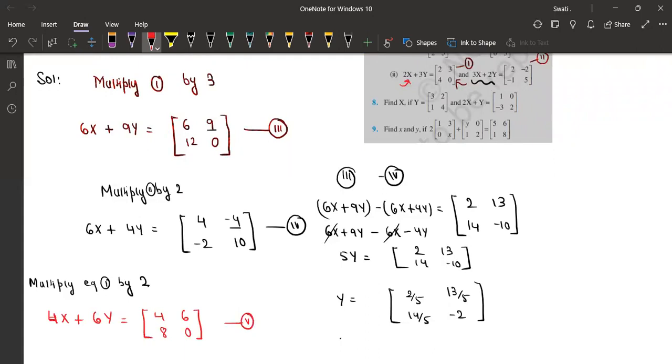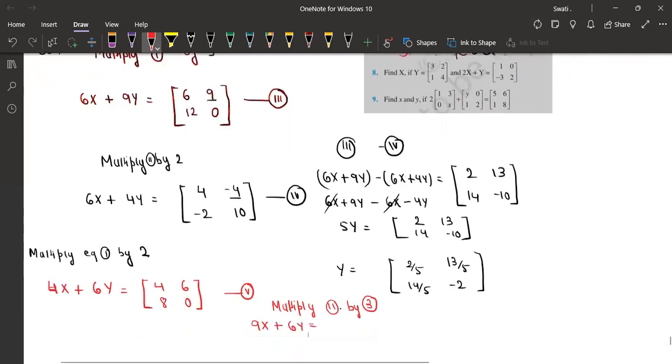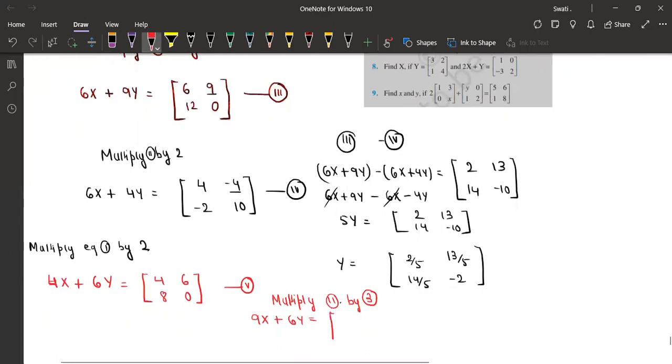Okay. And now let's multiply equation 2 by 3. So what will happen? This will become 9x and this will become 6y. And clearly the entries are going to be, oh, okay.